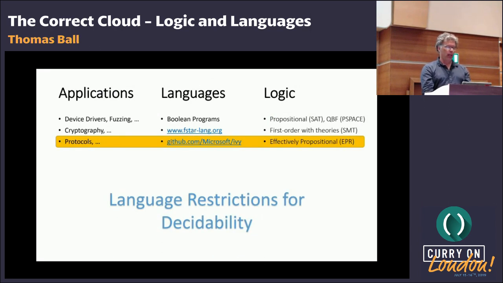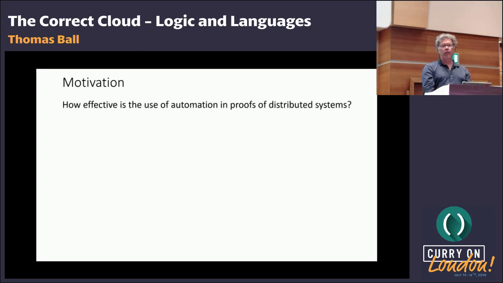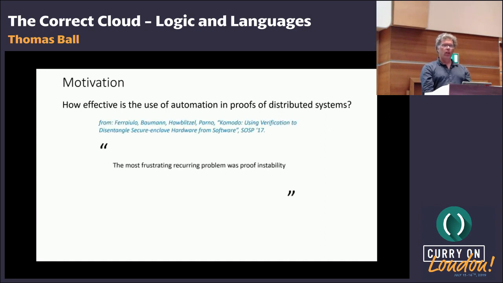And this is work done by Ken McMillan with his colleagues primarily at Tel Aviv University. So when we're doing all this automation with F star or any proof that's of interest and of scale, there's a lot of instability often when you're using something like Z3. And if you look at the quotes from this paper on using verification by Parno and colleagues, they talk a lot about this problem of instability.